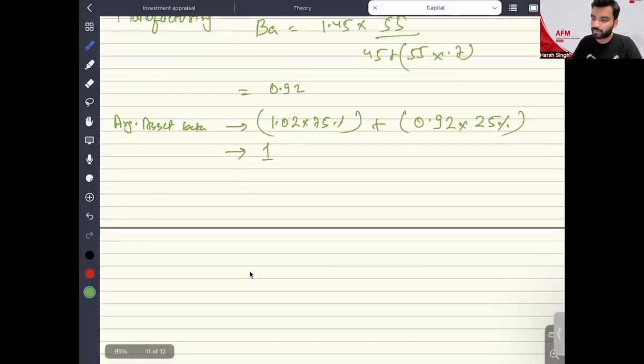Now can I go and calculate my beta equity? So asset beta equal to 1 equals beta equity multiplied by.